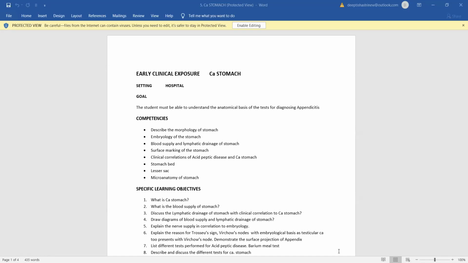ECE, like Praveen sir mentioned earlier, helps the student understand the hospital environment and correlate clinical conditions with anatomical basis. It doesn't mean they will be restricted to just these specific clinical conditions. This is my opinion, but the others can give their own opinions as well.